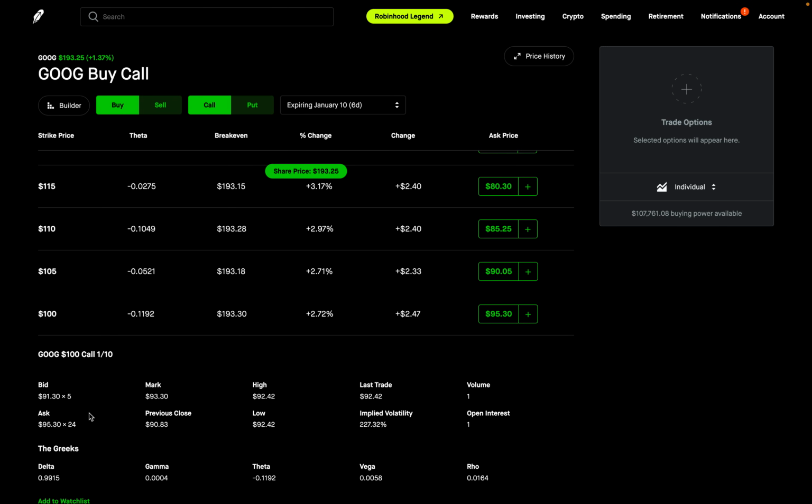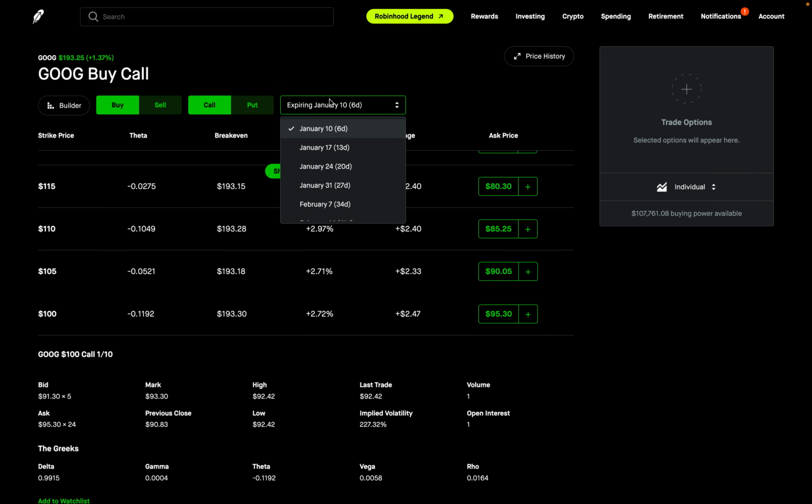So that's why we need to go deep in the money here. We need to purchase a deep in the money call. And so I try to stick with options who have a delta of at least 0.9 or higher. We also need to go far out with our expiration date here.